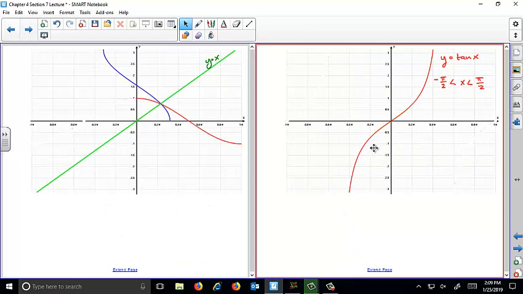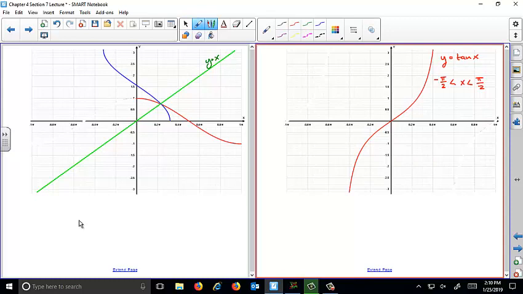Okay, so then we have the tangent. So we've done the sine, inverse sine, cosine, inverse cosine. Here we're plotting y equals the tangent of x. This is the last one we're going to do. The cosecant, secant, and cotangent we really don't worry about. Those are not on our calculator. We can always manipulate it to get the answer we need.